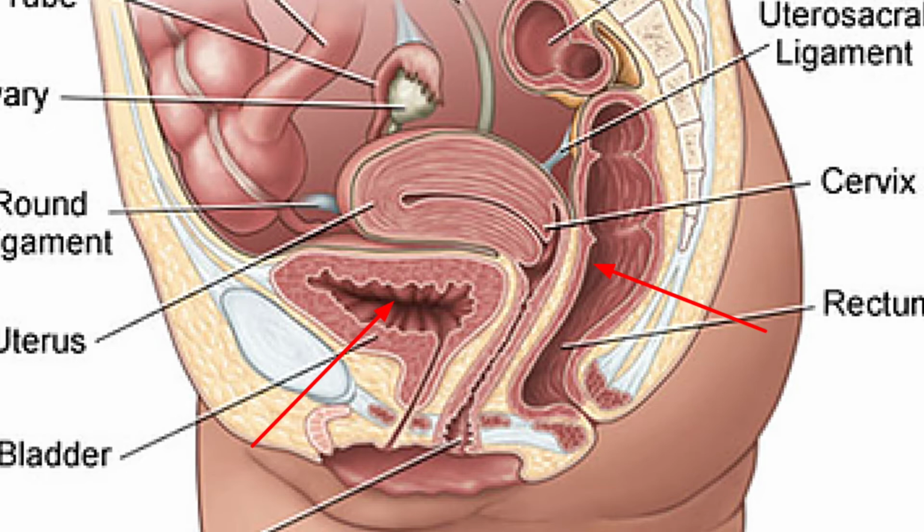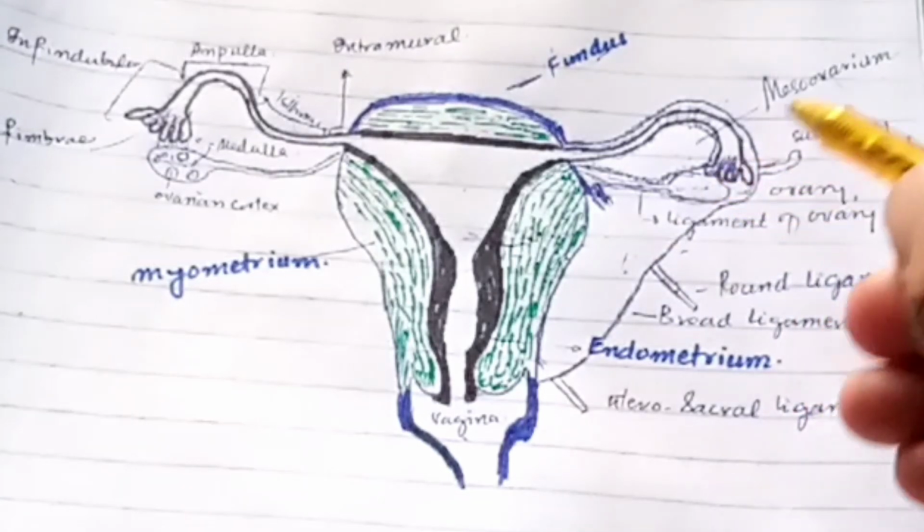And there is a pouch between the uterus and the bladder, anteriorly, and this pouch is called uterovesical pouch, and the pouch between the uterus and the rectum is called uterorectal pouch, which is also called the pouch of Douglas. And the pouch of Douglas is the most inferior portion of the peritoneal cavity in which fluid can accumulate.